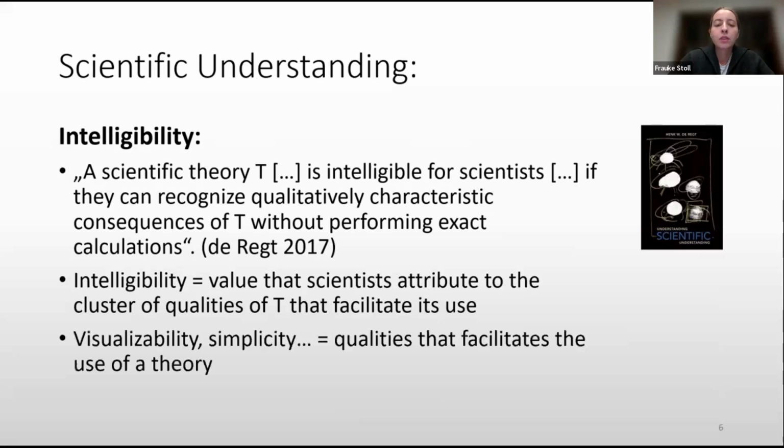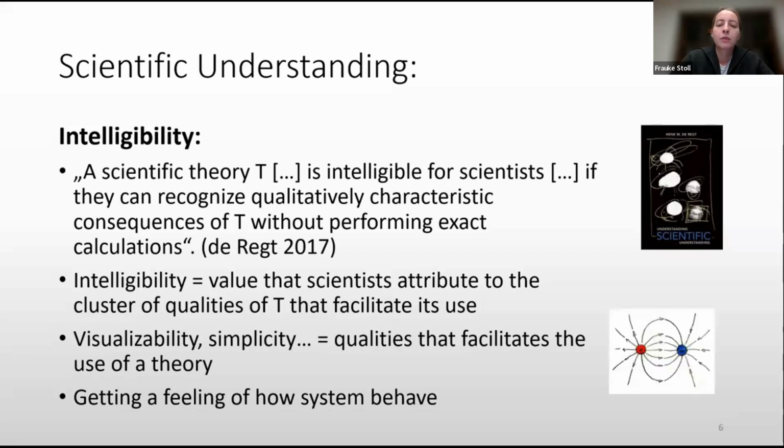And such qualities are, for example, visualizability or simplicity. And what you then gain from that is to get a feeling of how systems behave. So for example, with the depiction of field lines, you get a feeling of how electrostatic systems behave, and that is what it means to have an understanding of the situation according to this kind of understanding.